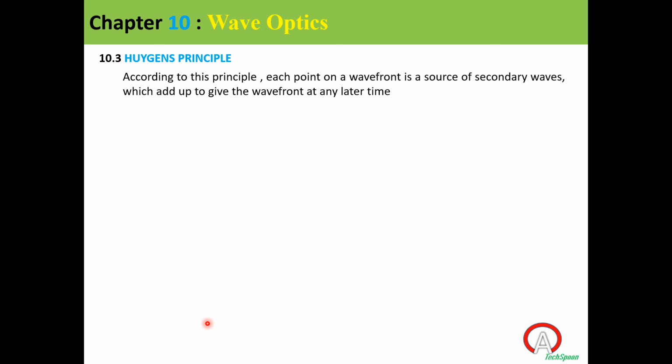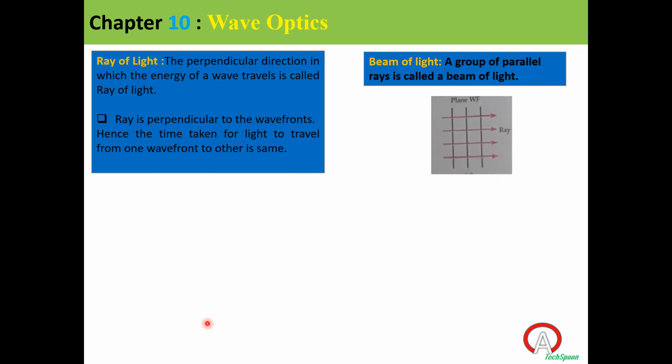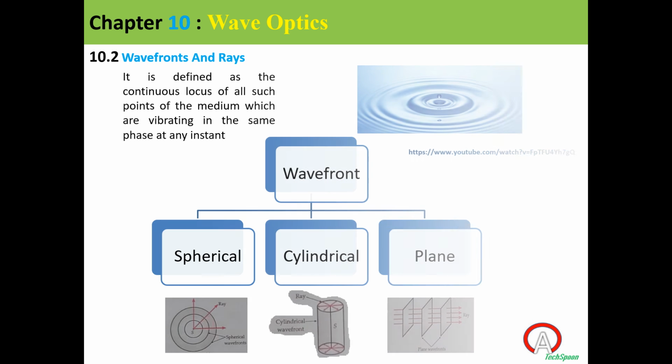According to this principle, each point on a wavefront is a source of secondary waves which add up to give the wavefront at any later time.